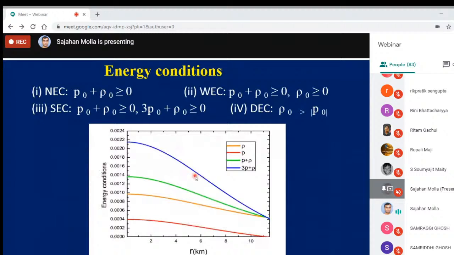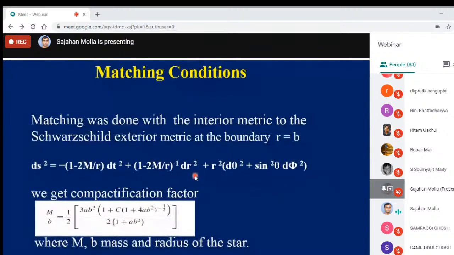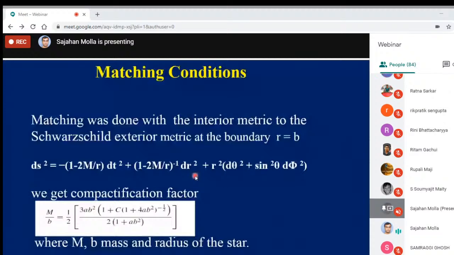In this model, we also check the matching condition, which is very much required for a standard stable star or pulsar model. Our model applies inside the pulsar, but outside the pulsar or star, we have used the Schwarzschild exterior metric.